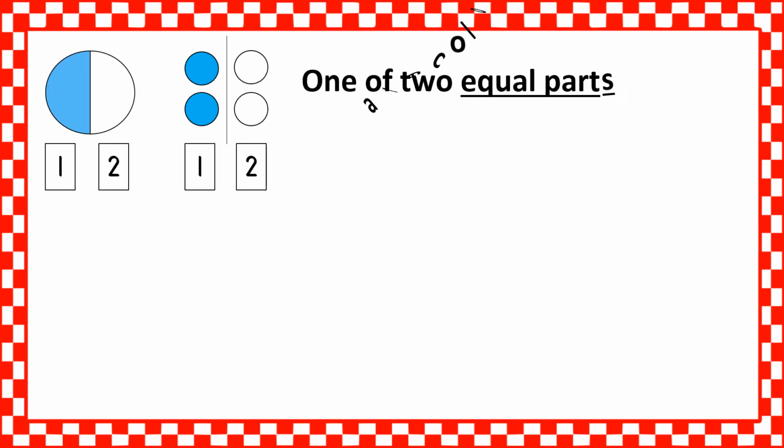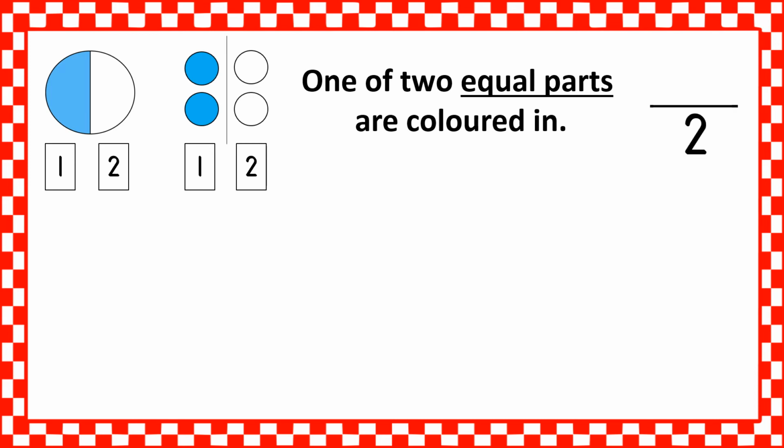Let's look at these pictures. In both cases, the circle and the dots, they were divided up into 2 equal parts. And how many of those equal parts are colored in? 1. So the bottom number will be 2 and the top number will be 1. And we call this fraction 1/2.